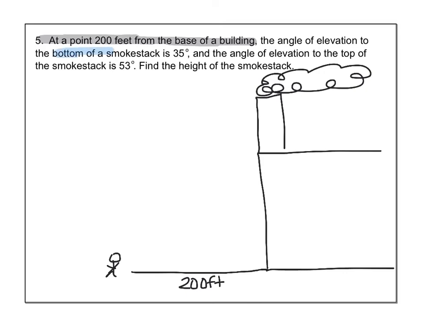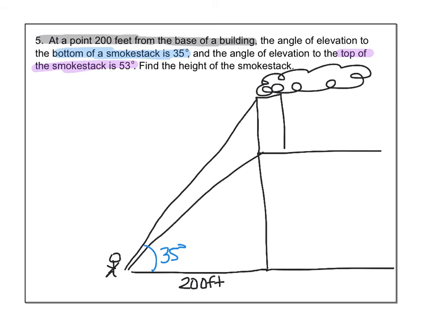So keywords there, bottom of the smokestack is 35 degrees. So if I go to the bottom, that's going to be 35 degrees. And then the angle of elevation to the top of the smokestack is 53 degrees. So top of the smokestack is 53.